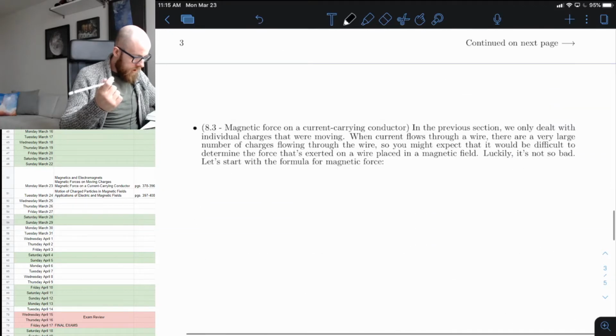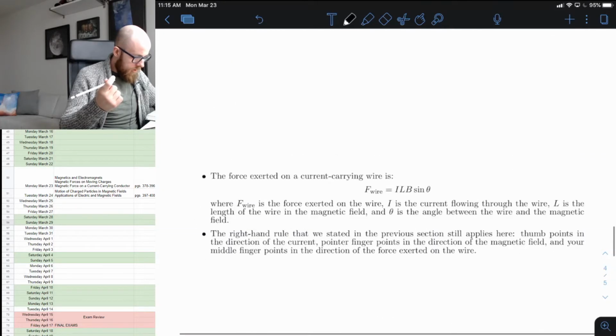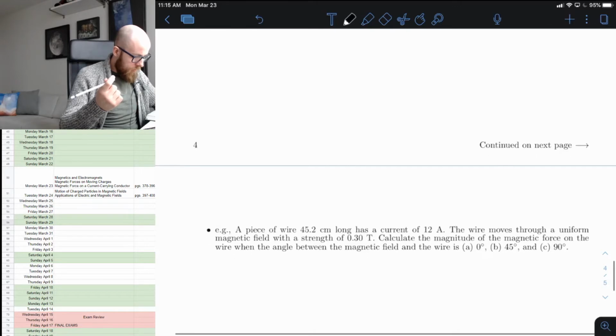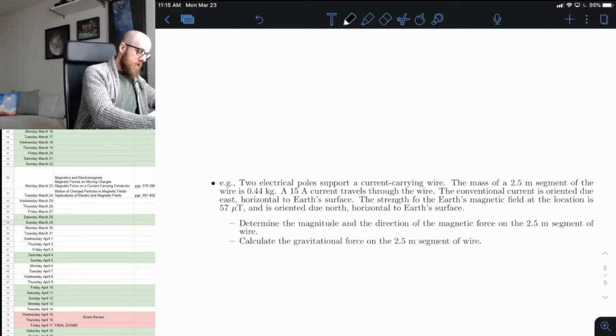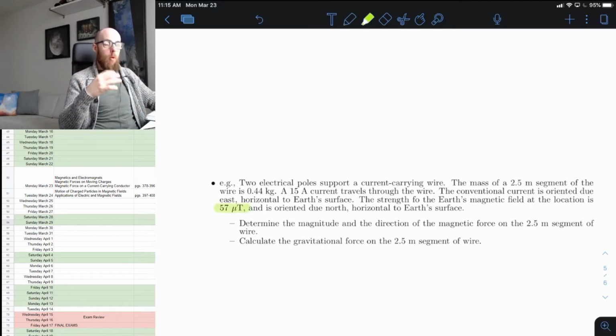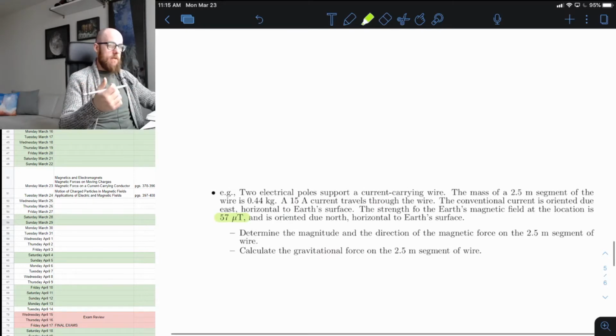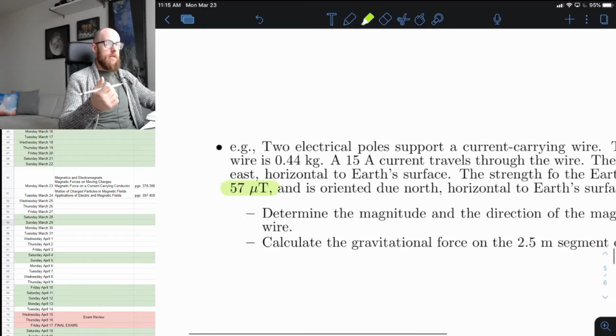Magnetic field strength of Earth. I think it was something like 57 micro Tesla. So you can see that magnetic fields are generally, like 1 Tesla is a very strong magnetic field. So the Earth's magnetic field is 57 micro Tesla, very, very small. Okay.